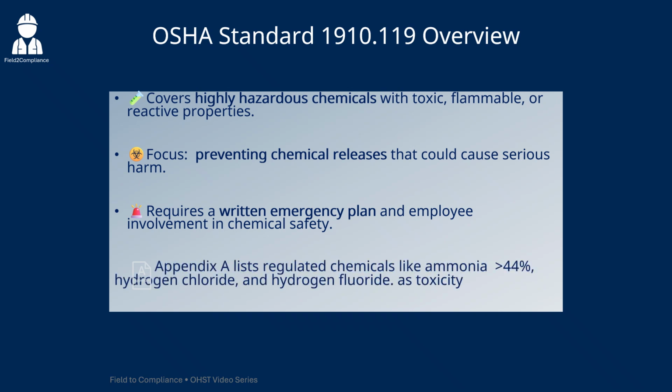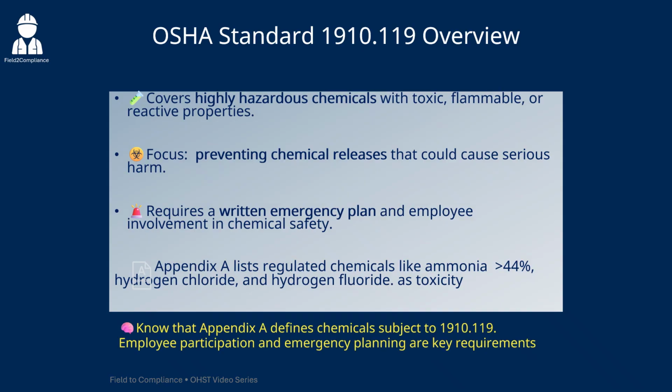Appendix A is critical. It lists regulated chemicals like ammonia over 44%, hydrogen chloride, and hydrogen fluoride. Remember, Appendix A defines the scope. Emergency planning and employee involvement are essential for compliance.